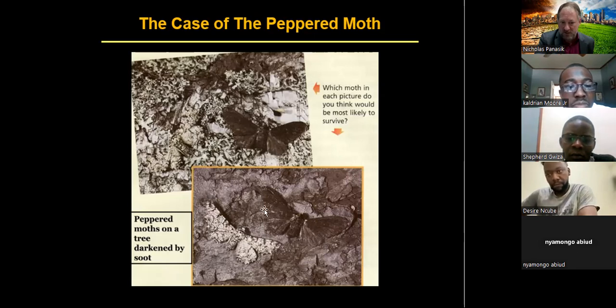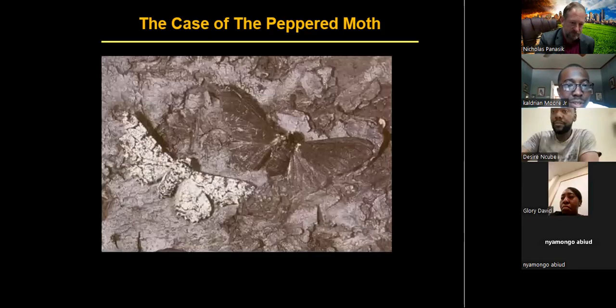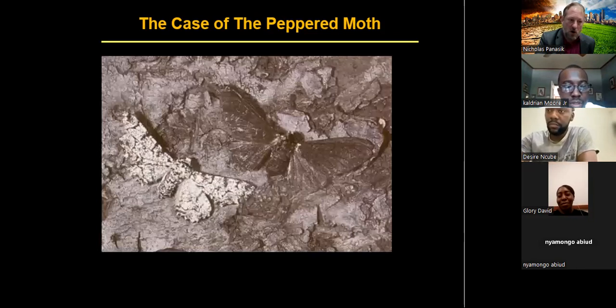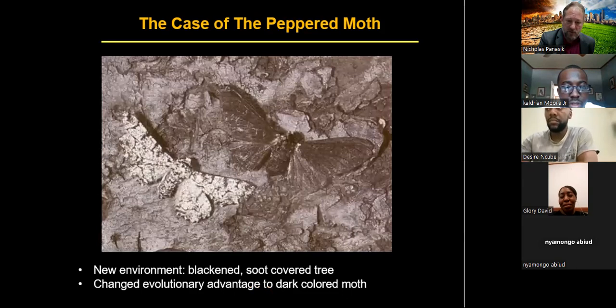Which of these moths do you think the bird is going to be able to find in this case? The lighter colored moth. Right, all of a sudden, in a new environment with a soot-covered tree, it really changes the evolutionary advantage of whether you're dark or light.